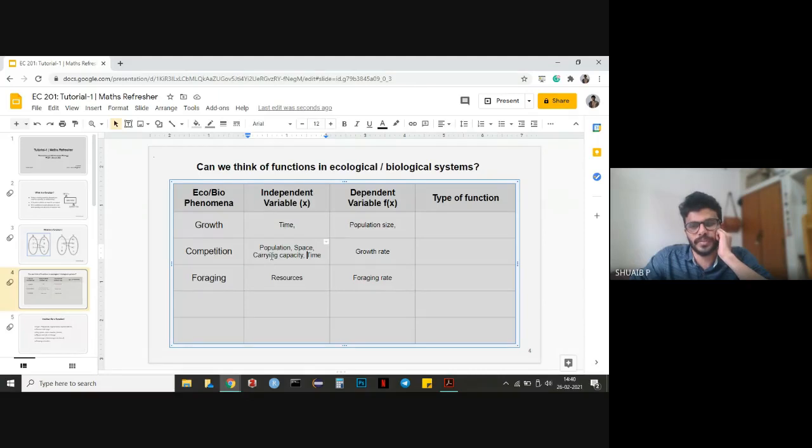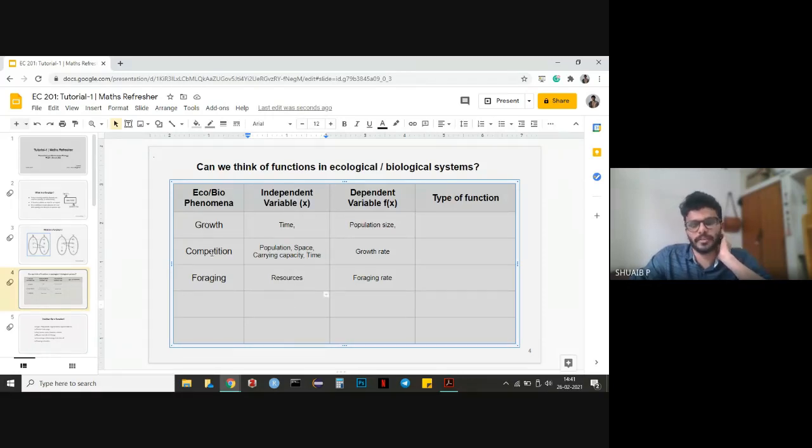So if we change the resources to be the carrying capacity, the changes in the carrying capacity would in turn be affecting the growth rate or the resource intake of the organism, which we can construct as a function independent of time.